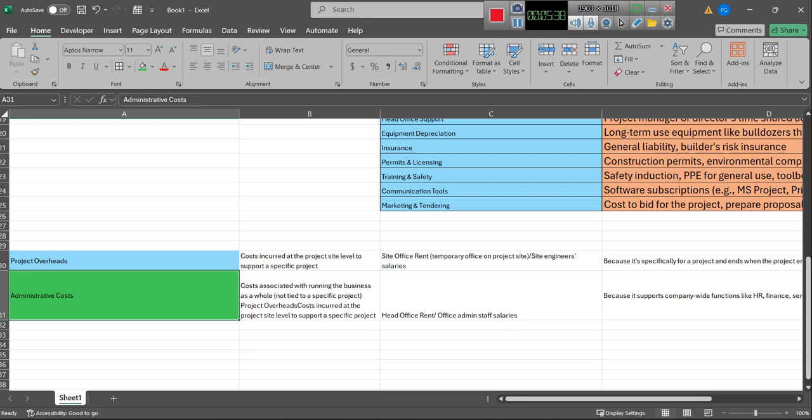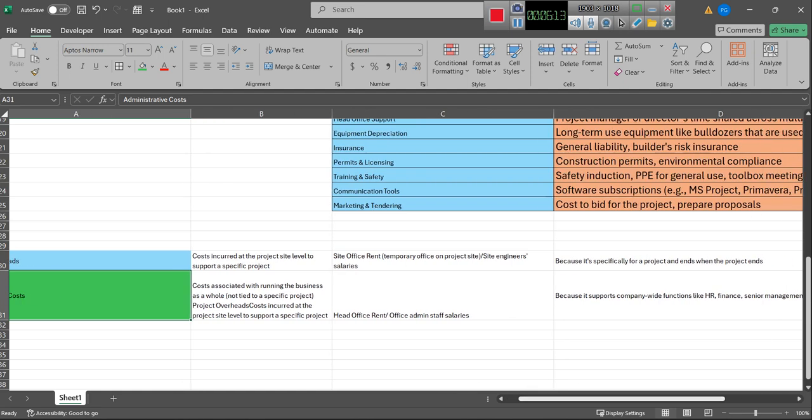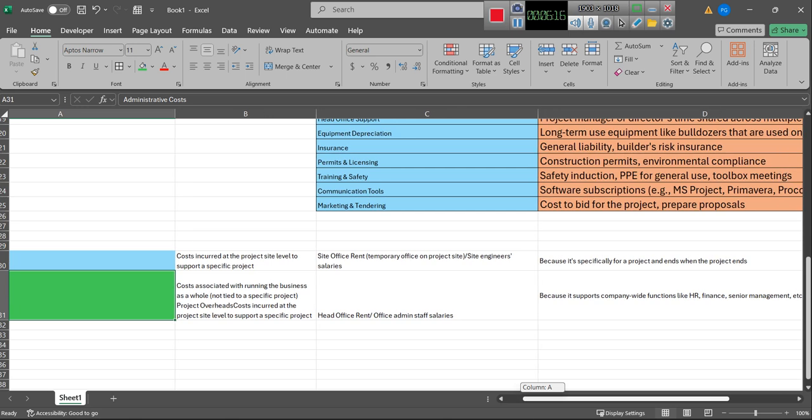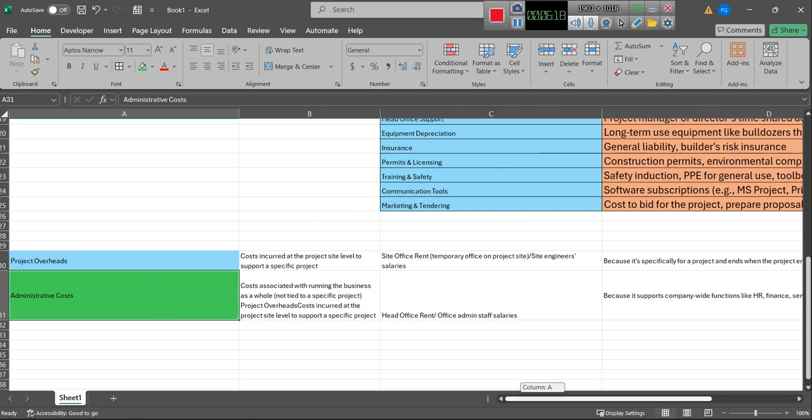You have a company, and this is part of the cost of your company, which you cover from the profit you get from projects. It's not for a specific project, while project overhead is incurred at the project site level to support a specific project; this one supports all the projects you have. For example, you have a portfolio of 10 projects and the cost of your office is $1 million per year. Then you can divide that cost between the different projects, or by how many hours you spend. Every company has its own specific expenditure for administrative cost.